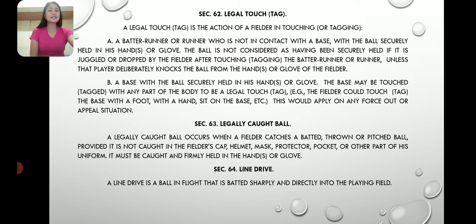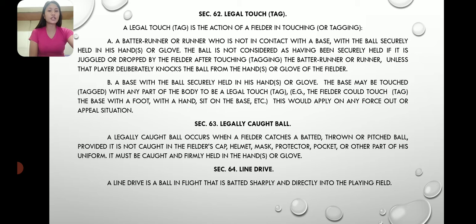The ball is not considered as having been securely held if it is juggled or dropped by the fielder after touching or tagging the batter, batter runner, or runner, unless that player deliberately knocked the ball from the hands or gloves of the fielder.